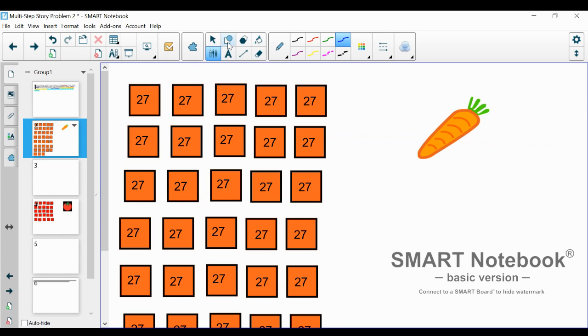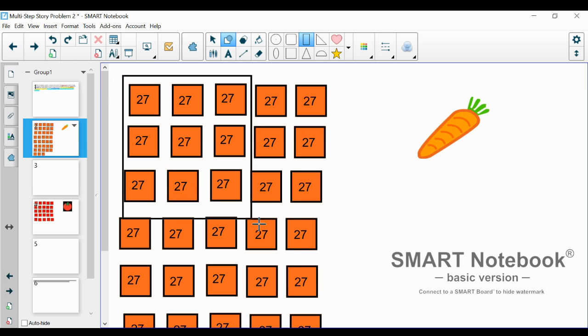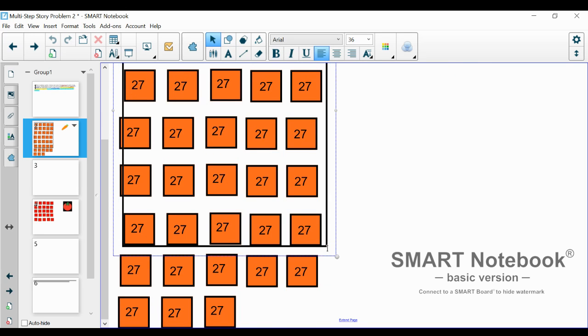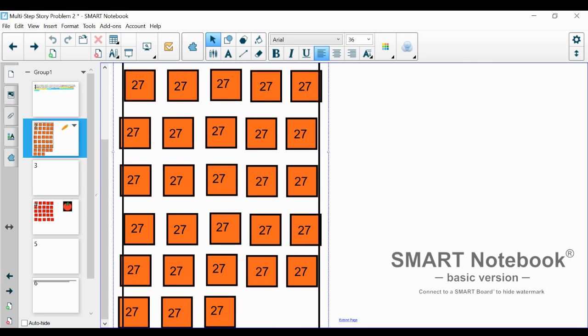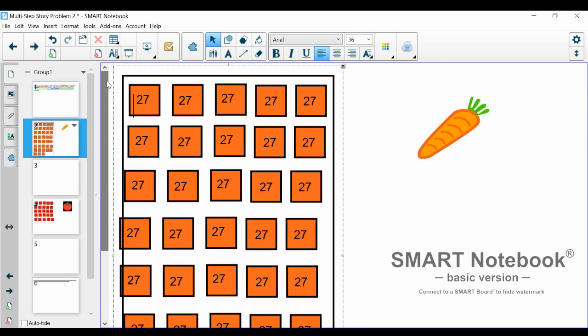So the question is asking, how much total space does Mr. Shore need for all of these carrot plants combined? So we want to know the value of all of these combined. So we want to know 27 inches 38 times.